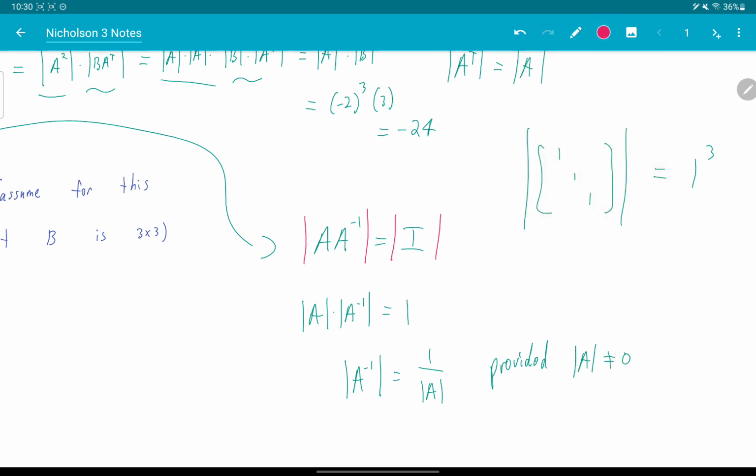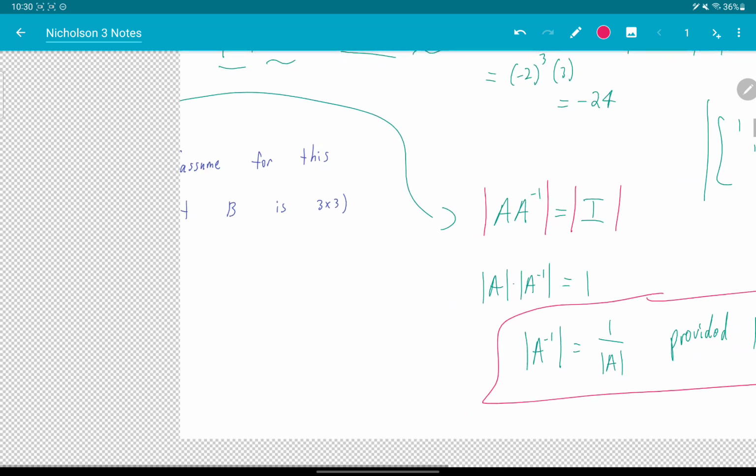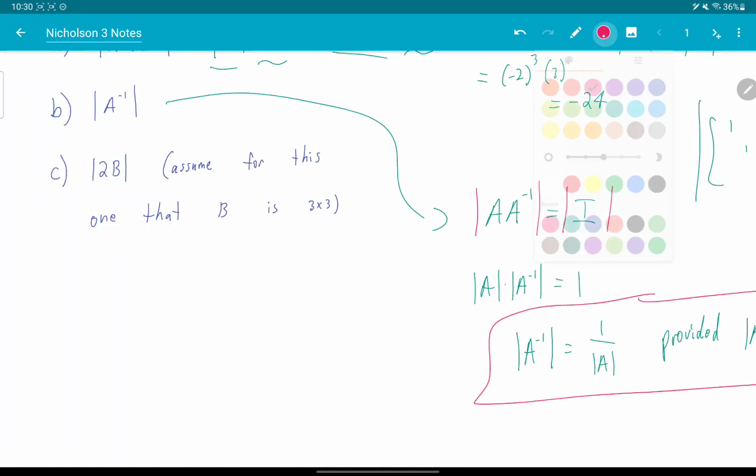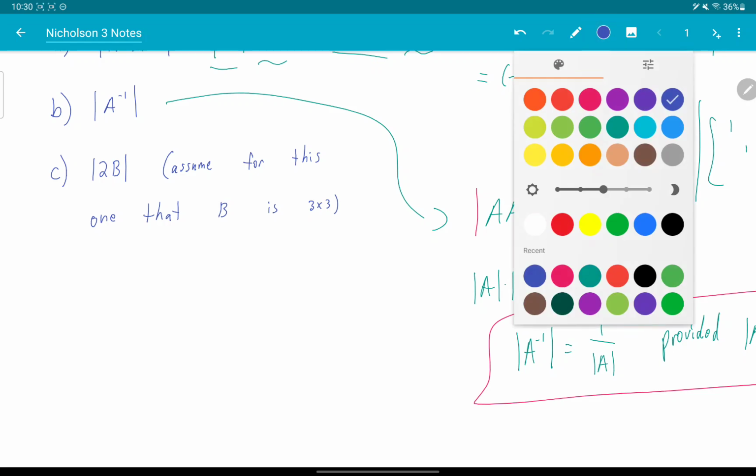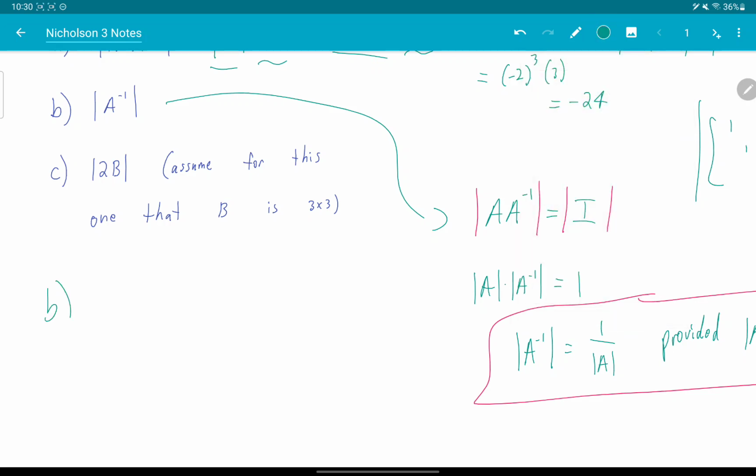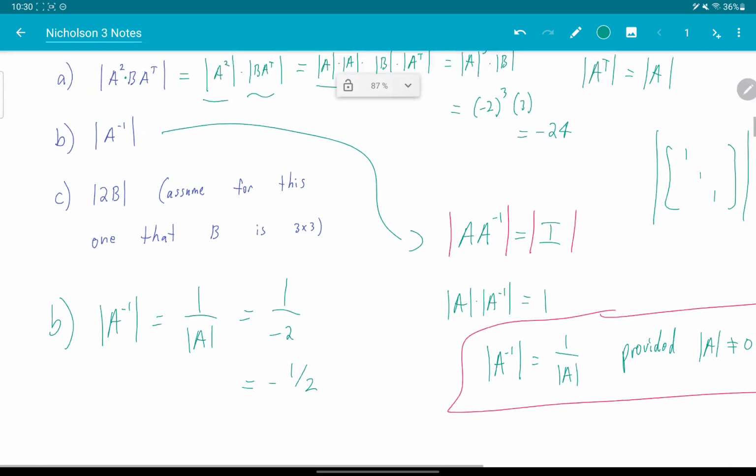So here we have a nice formula which should have a special place in your notes. And we'll use it in part B here. So use our formula. And this is 1 over negative 2, if I'm not mistaken. Yeah.